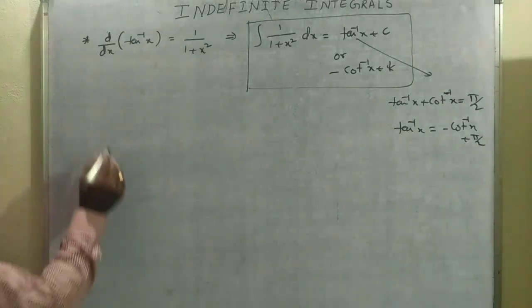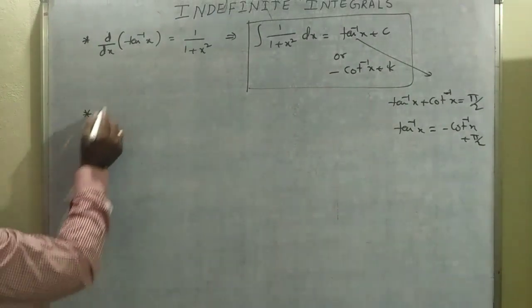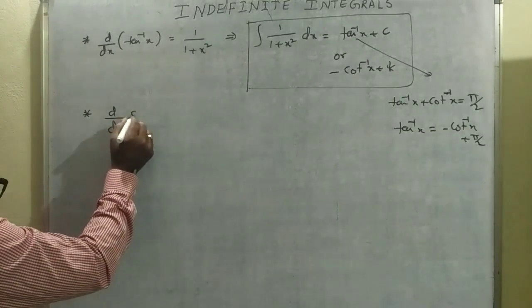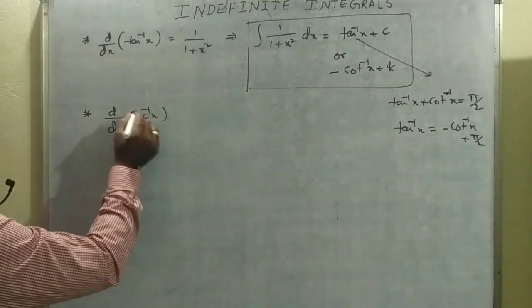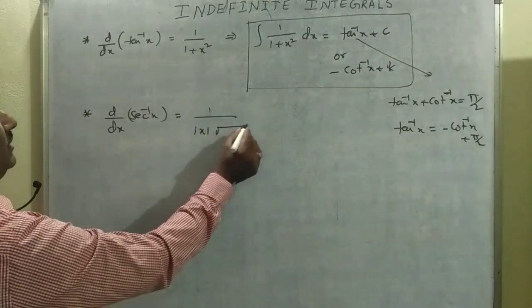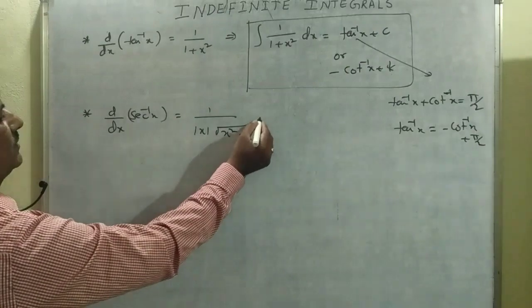Now let's go for the next formula, the derivative of secant inverse of x. This is 1 divided by modulus of x into root of x square minus 1.